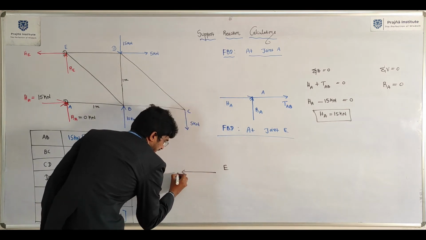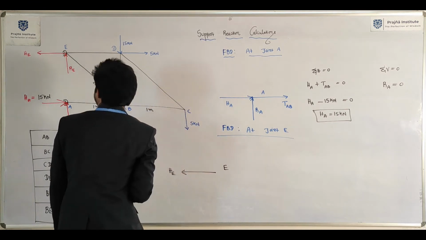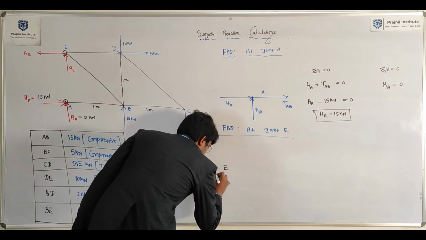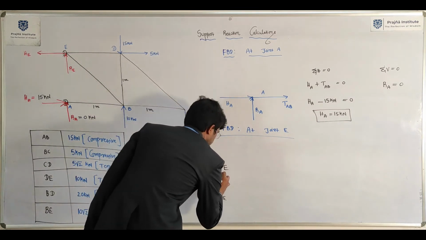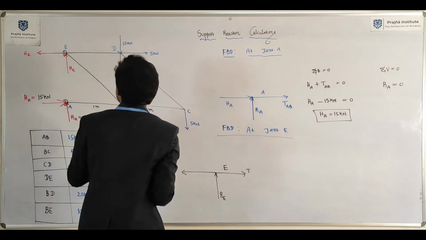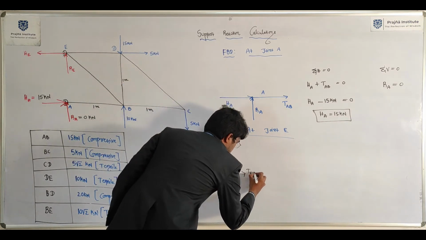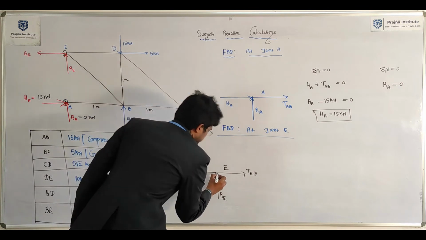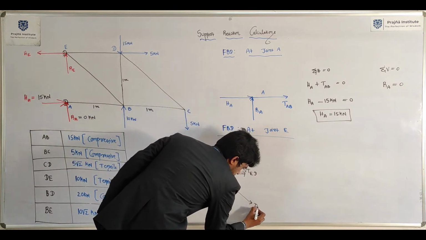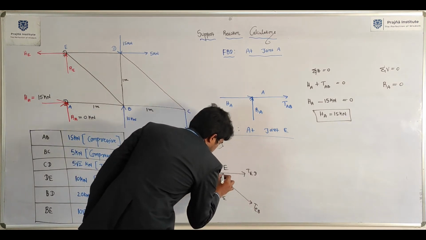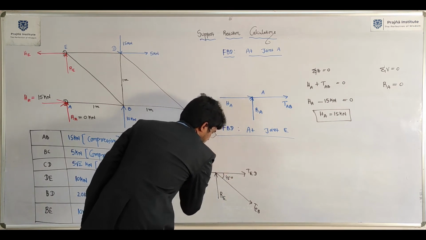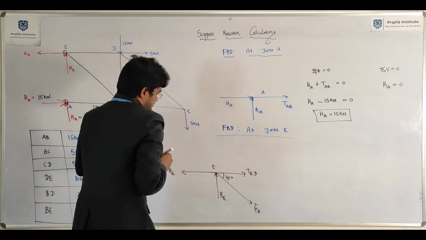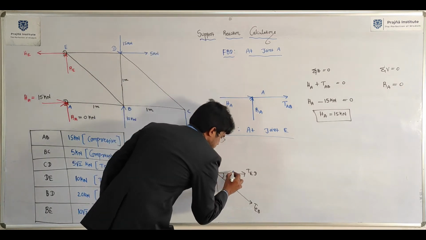Now, free body diagram at joint E. Here, HE in this direction, RE in this direction, TED in this direction, and TEB. Of course, it is 45 degrees. Now we need to resolve the forces.